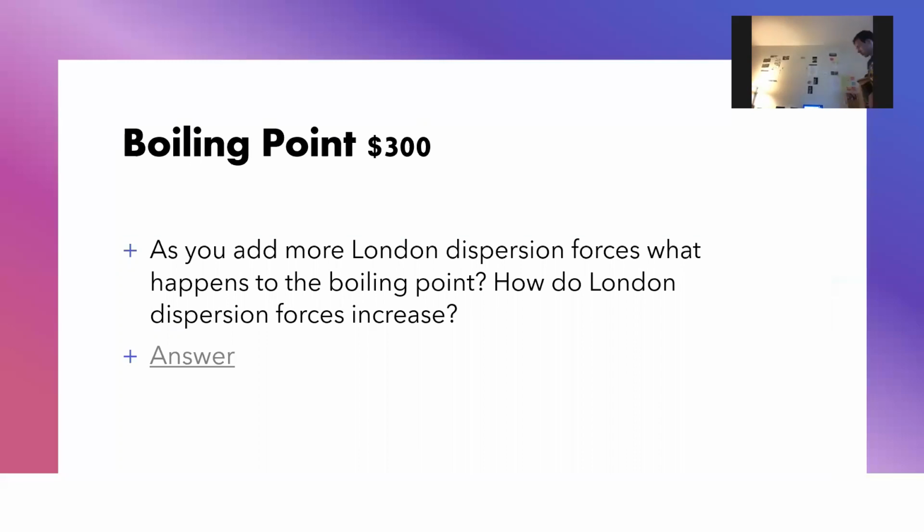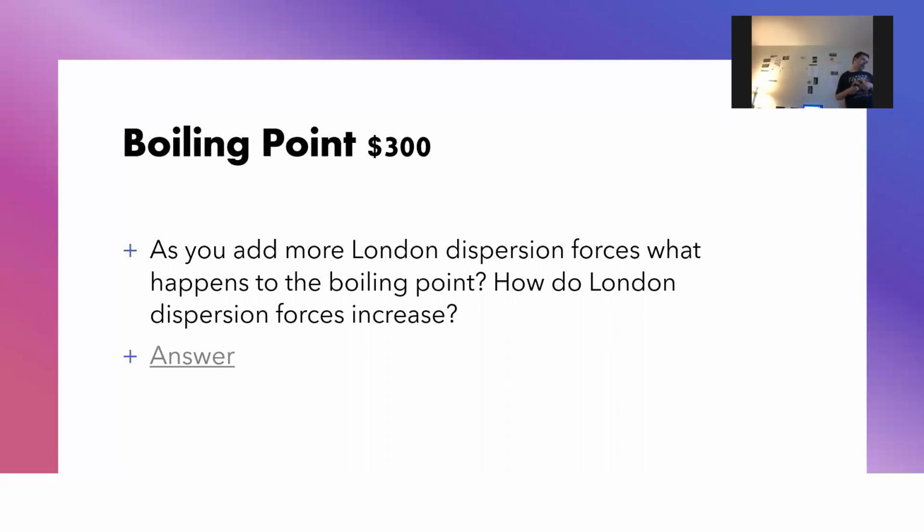Brookdale bear. When you add London dispersion forces, the boiling point goes up. And when the boiling point goes up, yeah, the boiling point goes up. And how do they increase them?